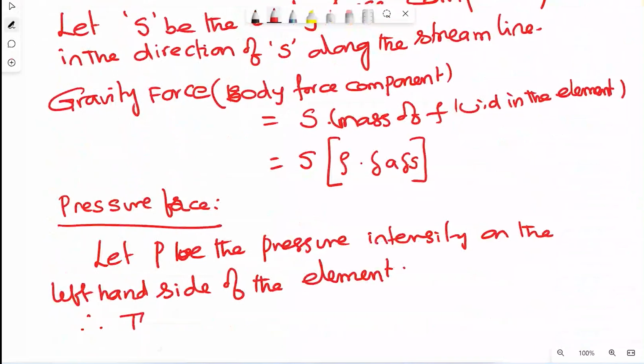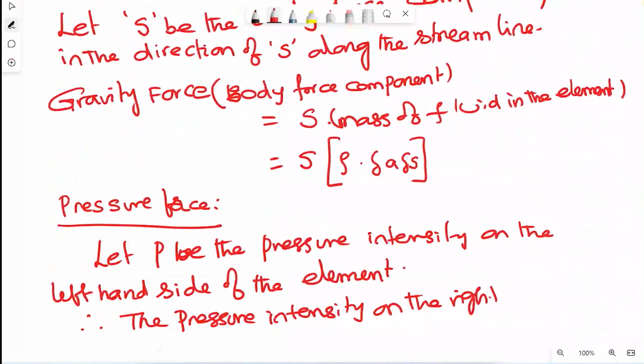Therefore, what is the pressure intensity on the right hand side of the element?